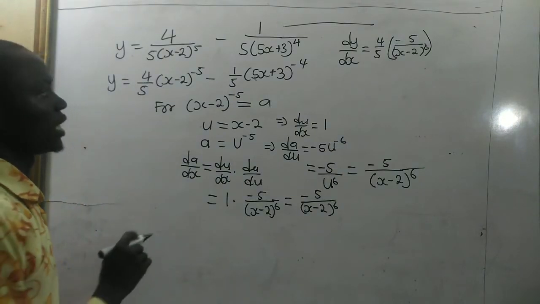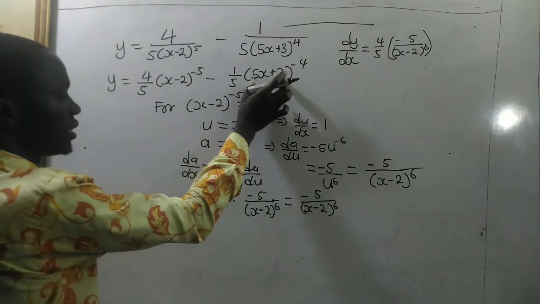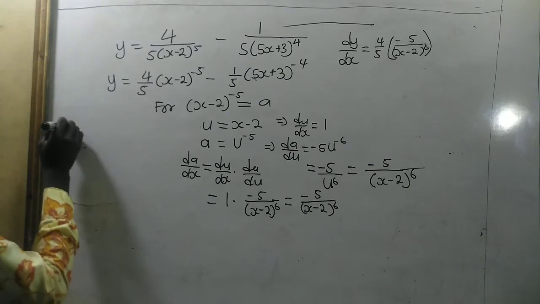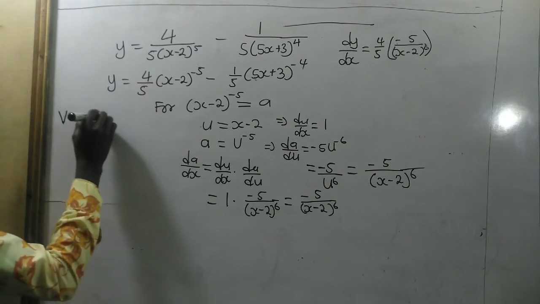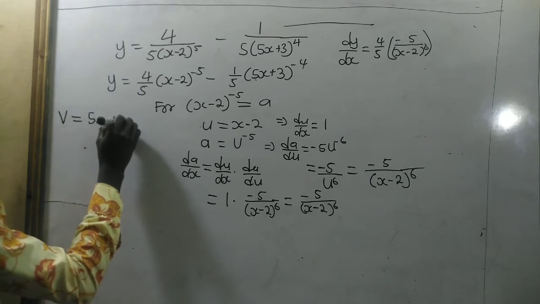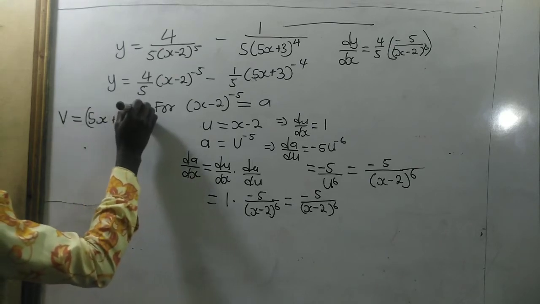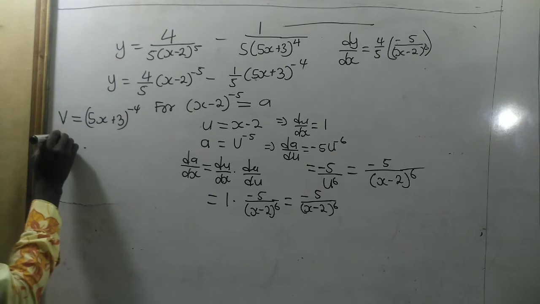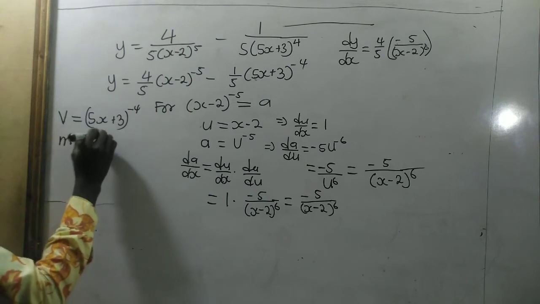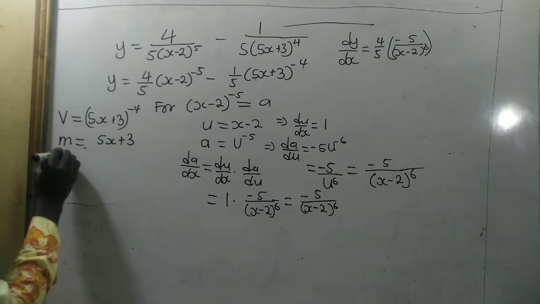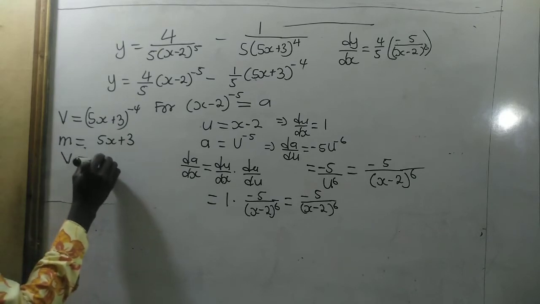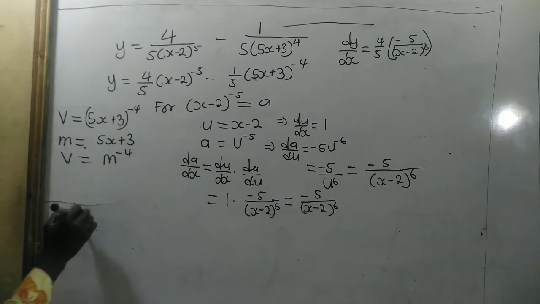Okay, so now let's take this one too and do the derivative. So here, let's say that we have v to be equal to 5x plus 3 to the power negative 4. And that we are writing m is equal to 5x plus 3. That's the inner function. So this implies that v will be equal to m to the power negative 4.